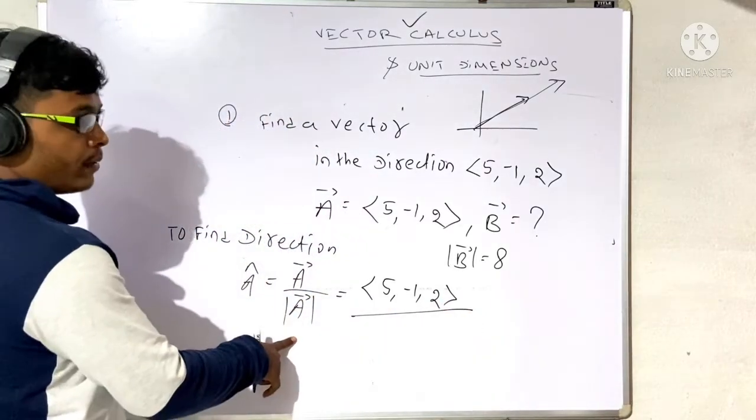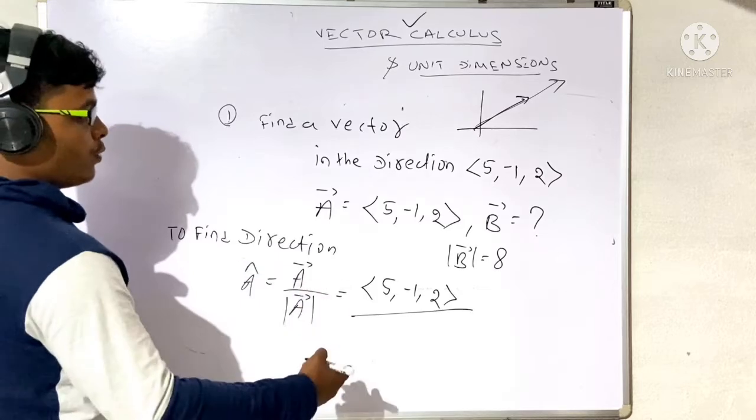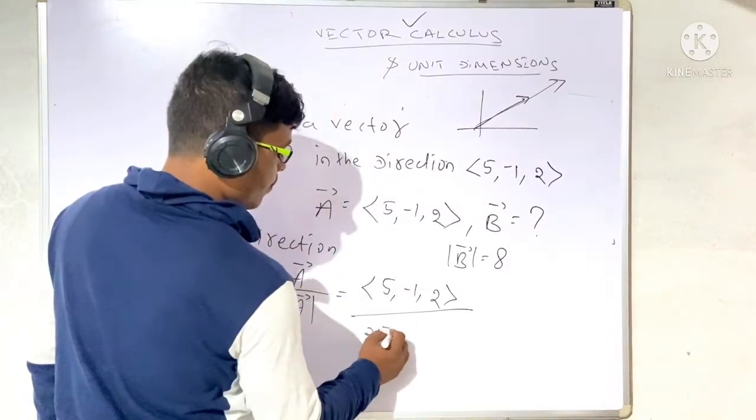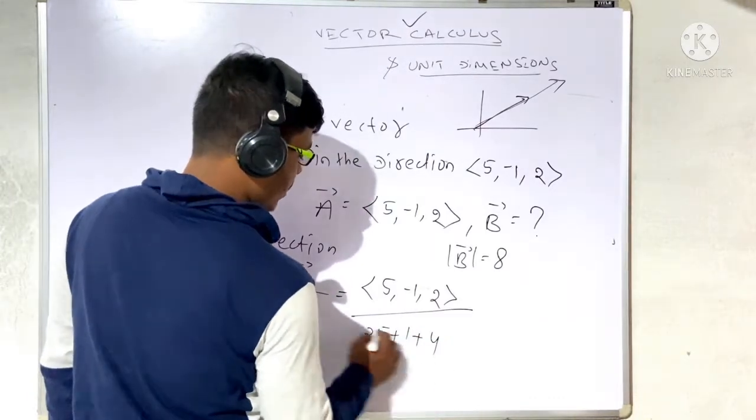So how will we find the magnitude? Again, remember from the previous classes, it is the square root of a square plus b square plus c square.